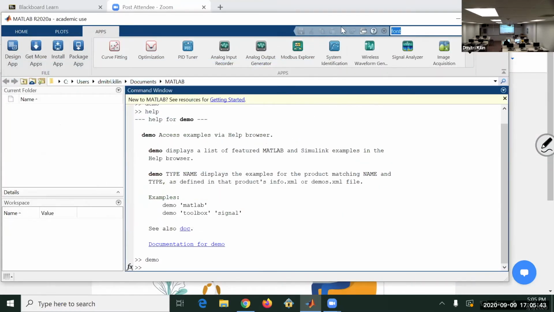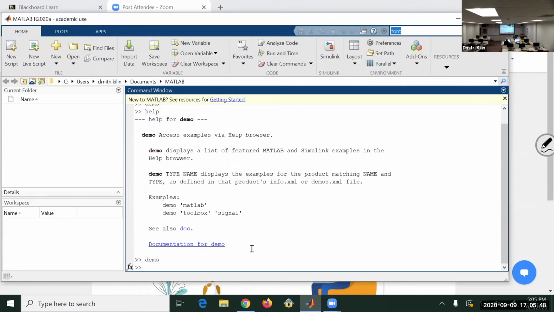Oh, I figured it out later, how to change the configuration.